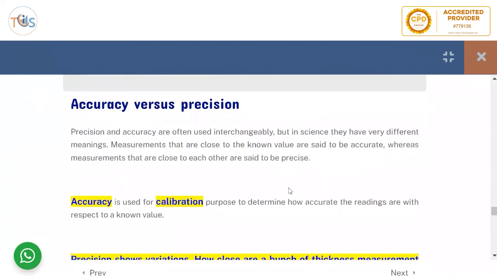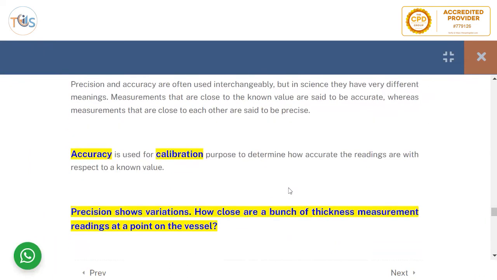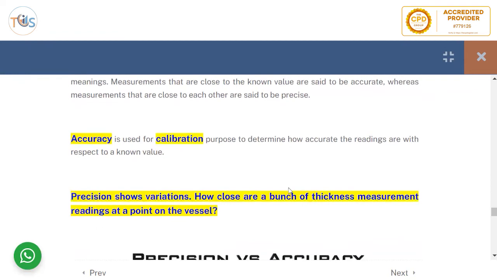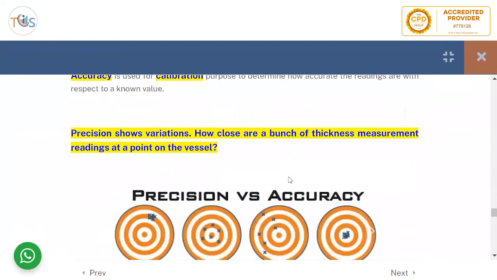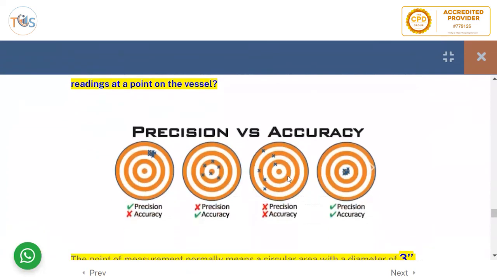Now let's look at some terms: accuracy versus precision. Accuracy is normally used for calibration: how accurate are your measurements? And precision means variation: how close are a bunch of thickness measurements to each other? As you can see on the first figure, you have a lot of precision, not much variance, but it's not accurate.